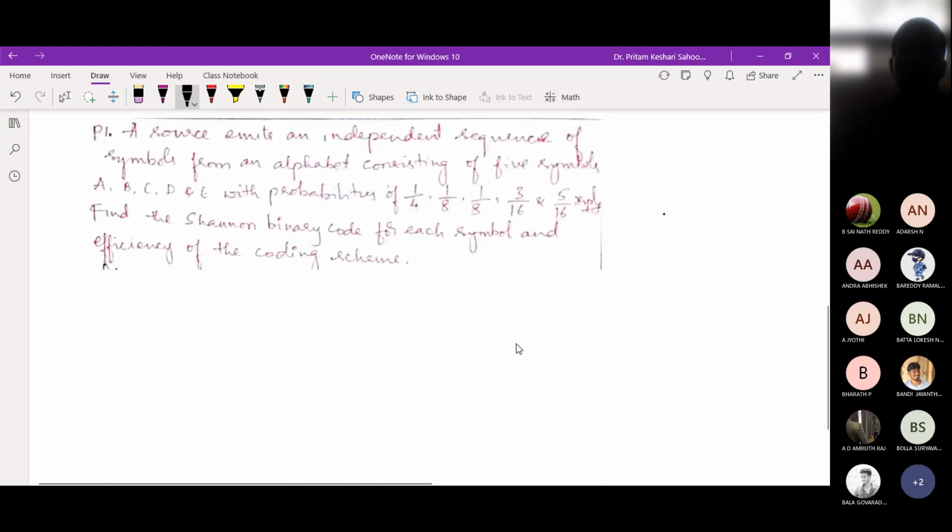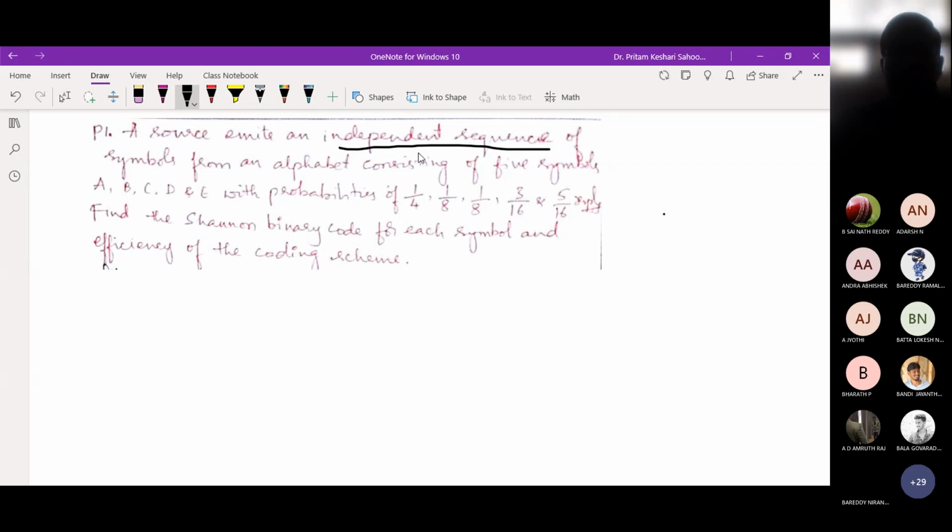Okay, so see this example. A source emits an independent sequence. So first of all, a very important piece of information given in the question is independent sequence. So the symbols are independent, which means we cannot apply the Markov process.